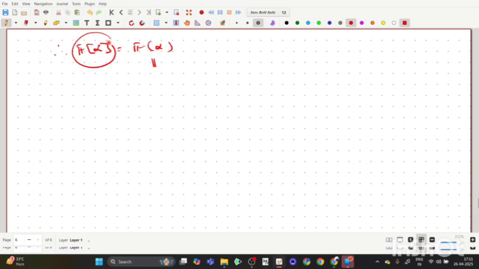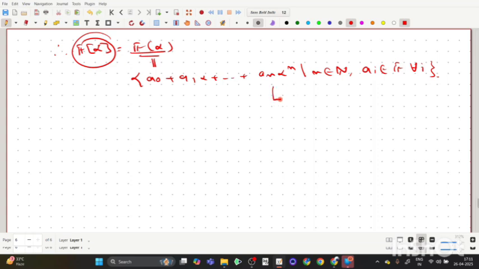And this gives me a structure of the elements in F(alpha). So this is the collection of all elements of the form a0 plus a1 alpha, up to an alpha to the power n, such that n is a natural number and each ai comes from F. And we have also proved that it's a field. Is it clear?